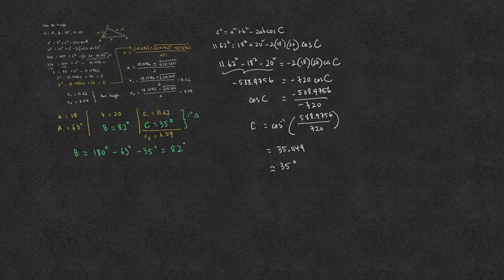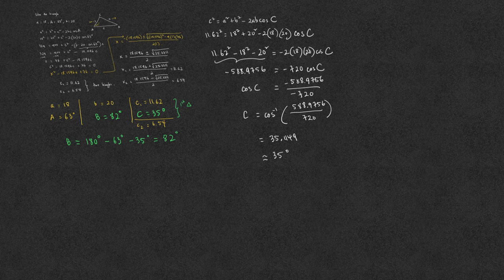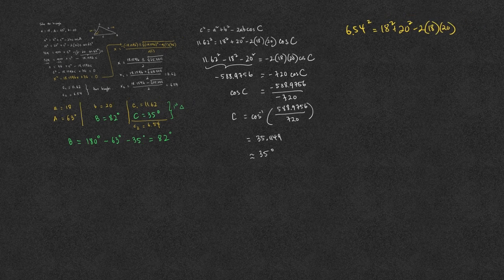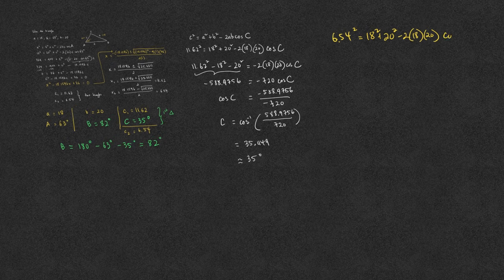But this time, the lowercase c is 6.54. So we take 6.54 squared equals 18 squared plus 20 squared minus 2 times 18 times 20 times cosine of c, and then we isolate cosine of c, very similar to what we just did on the left-hand side.